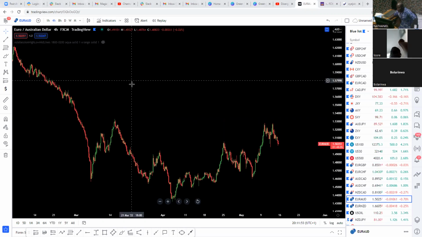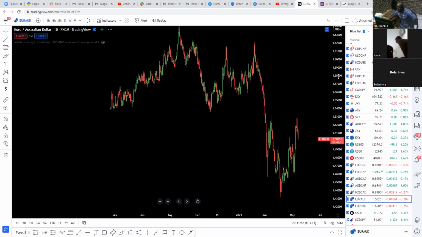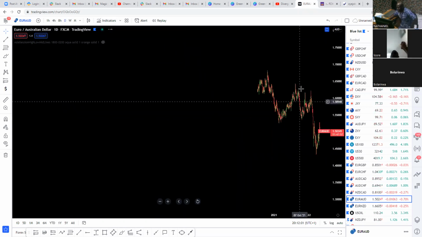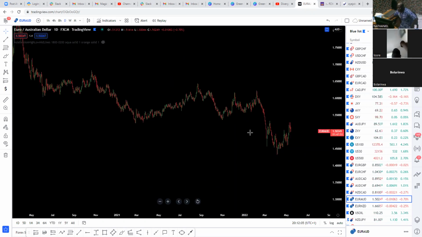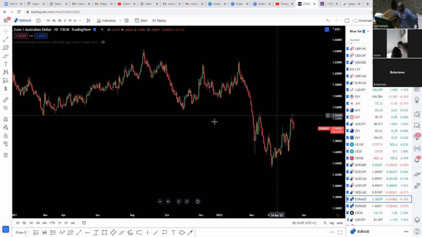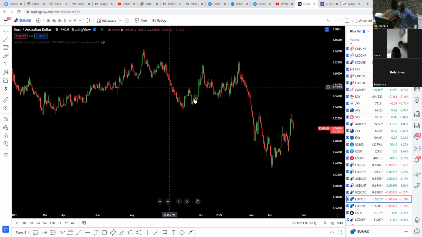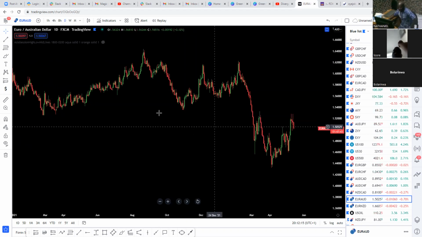All right. So if you look at the fundamentals on Euro AUD, I usually look at fundamentals on the interest rate yardstick.